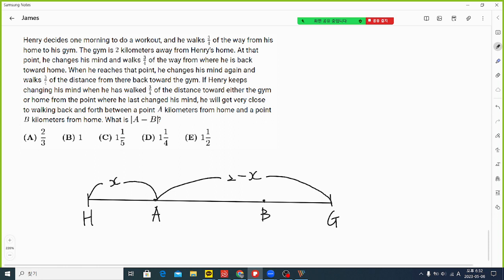So he changes his mind 3/4 of the route.